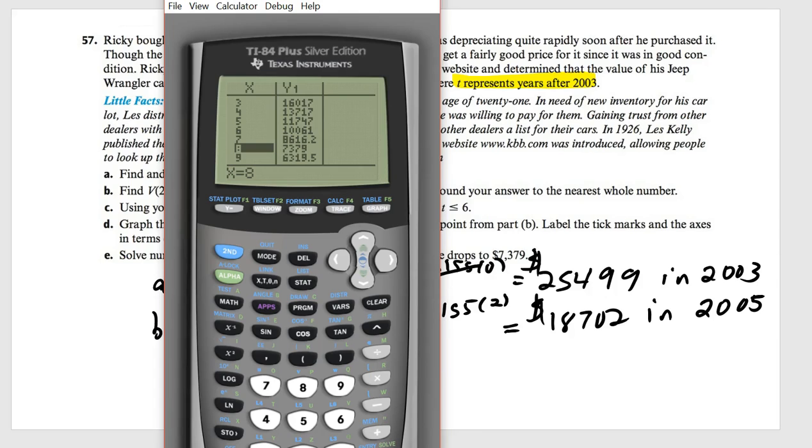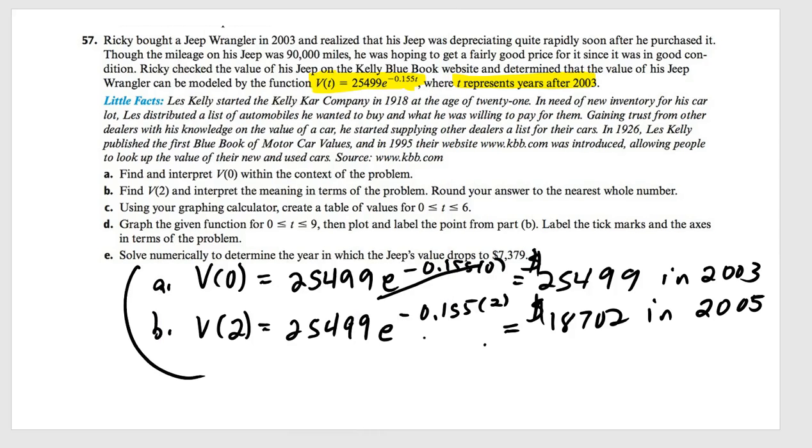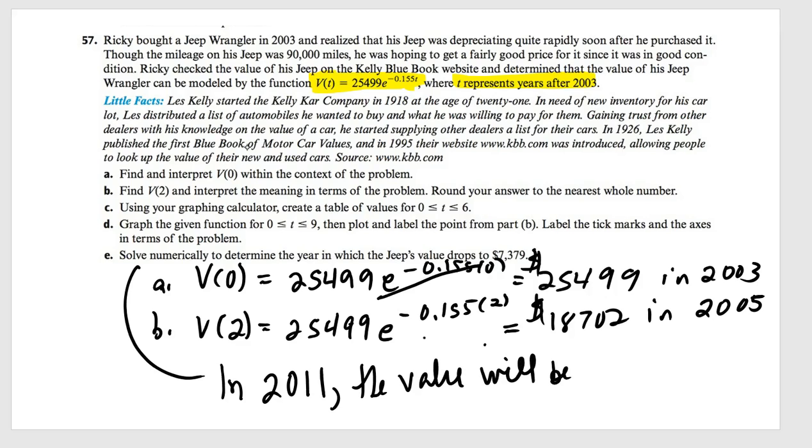So anytime after that, it will be below that value. So what does that mean? When T is 8, well, T is years after 2003. So in 2011, because that'd be 8 plus 2003, the value will be below $7,379.